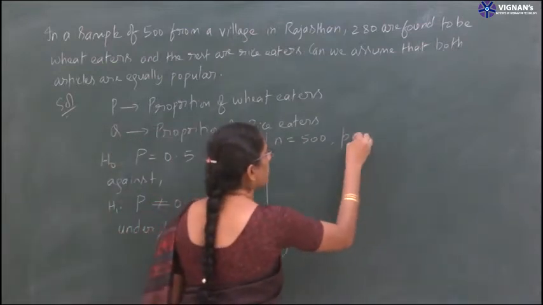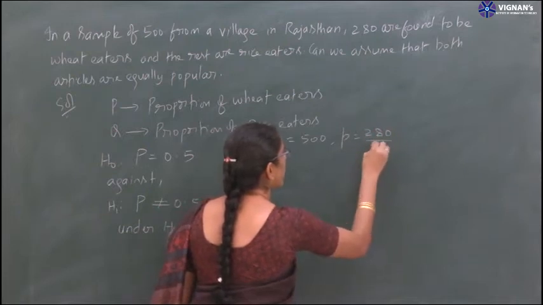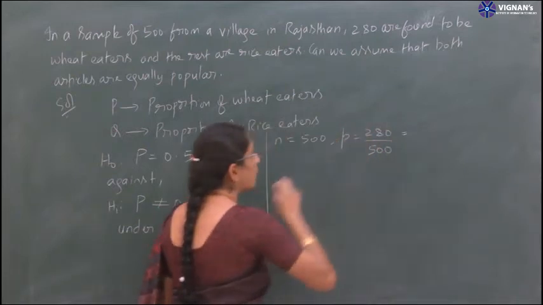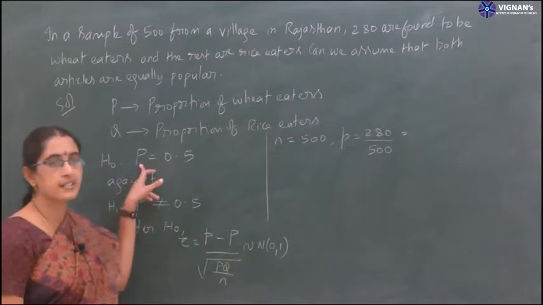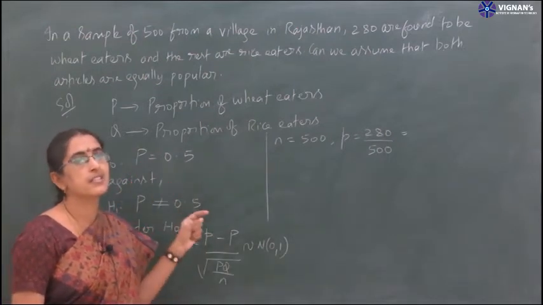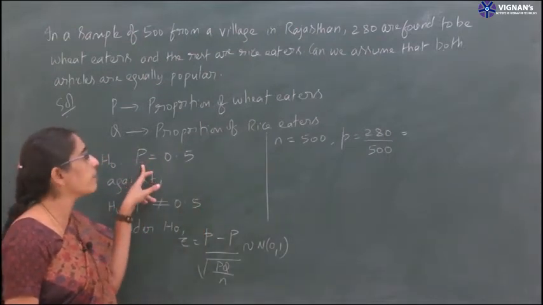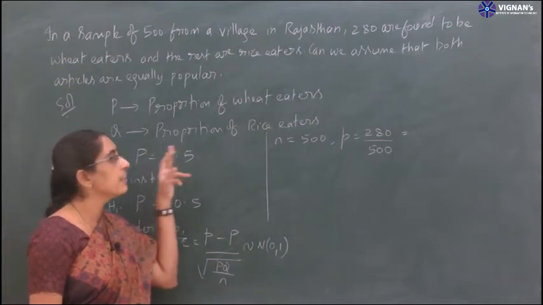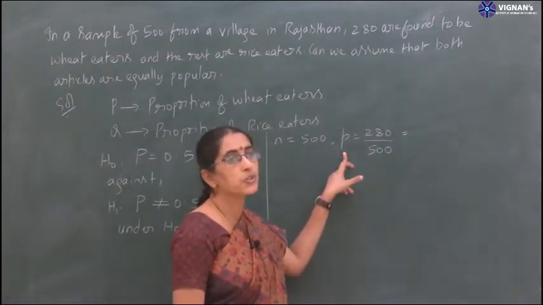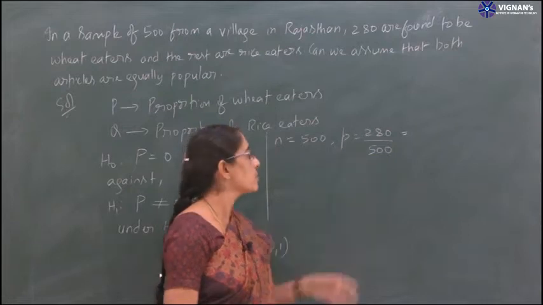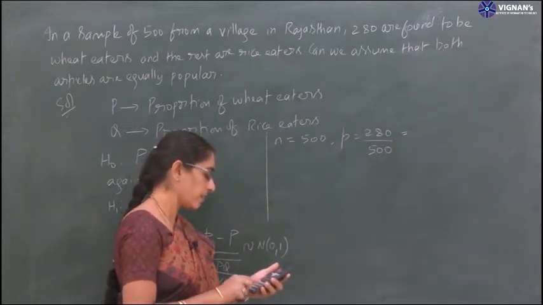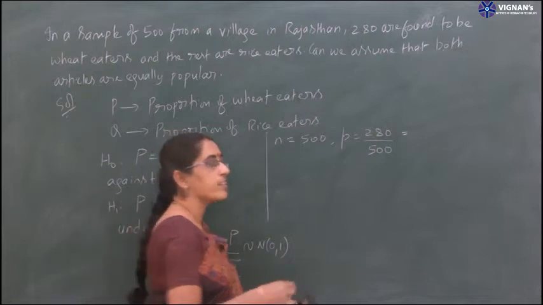That means small p is 280 by 500. Remember, whatever capital P represents, small p should also represent the same attribute. If capital P represents the proportion of wheat eaters, then small p should also talk about the wheat eaters only. So 280 by 500 is equal to 0.56.